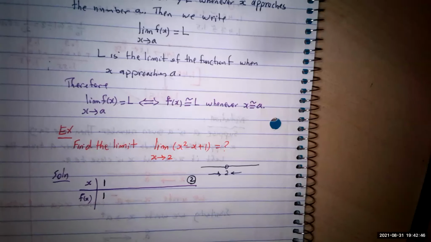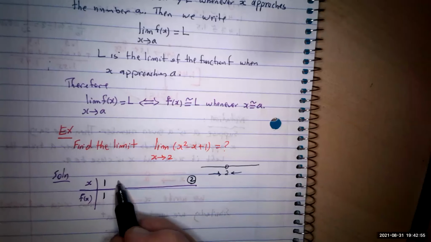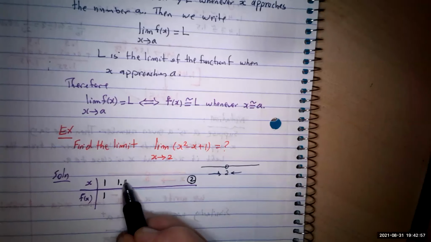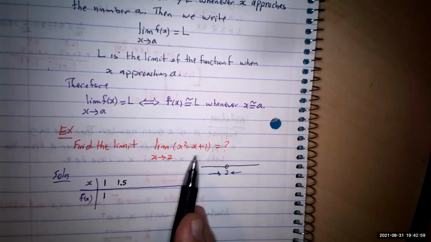Then I pick another number close to 2, something like 1.5. Drop 1.5 into this function.